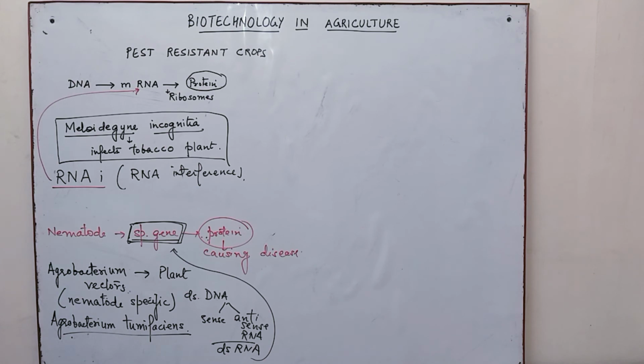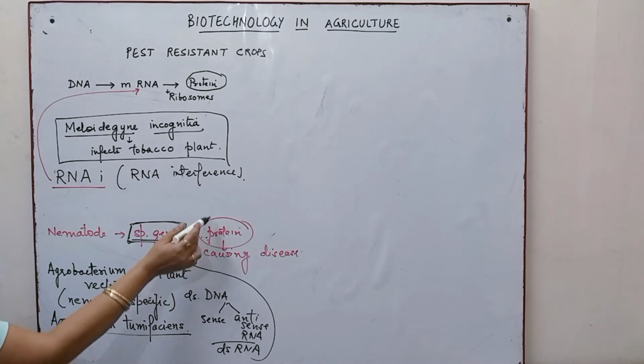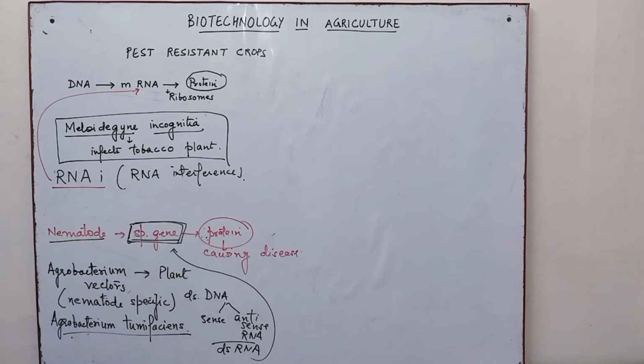As a result, the protein will not be produced, and since this protein will not be produced, the nematode will not be able to survive. So here there is a specific interfering RNA that acts on this particular nematode and does not allow it to survive.